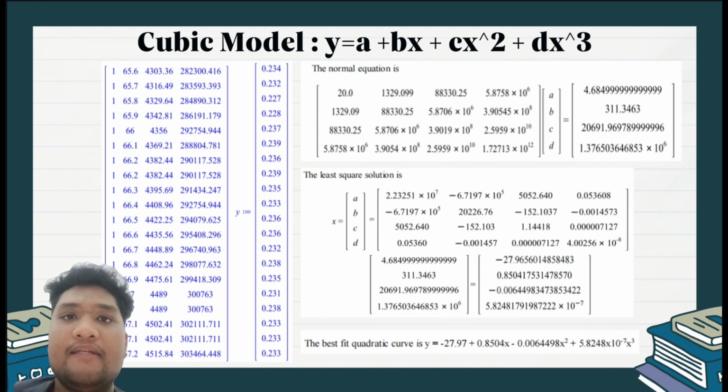From the least square solution that we get, we find the best fit curve is y equals negative 27.97 plus 0.504x minus 0.0064498x squared plus 5.828 times 10 to the power of negative 7 x cubed.